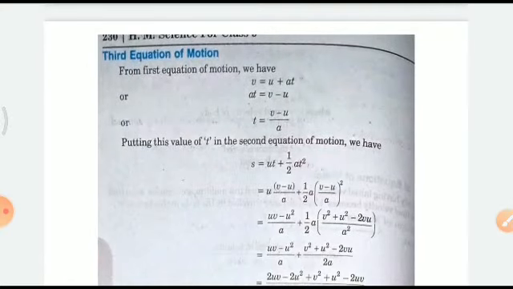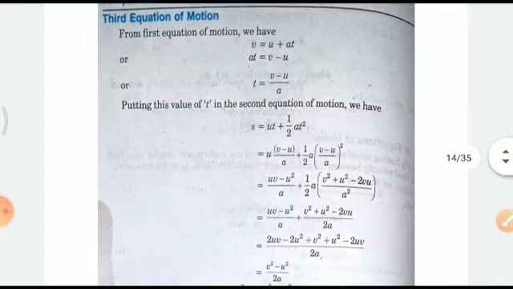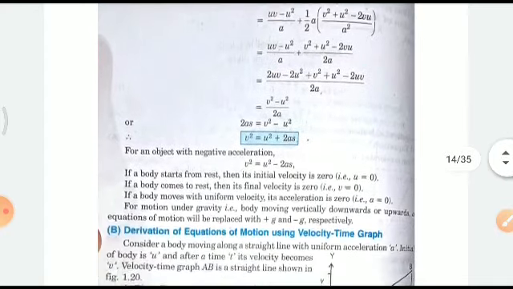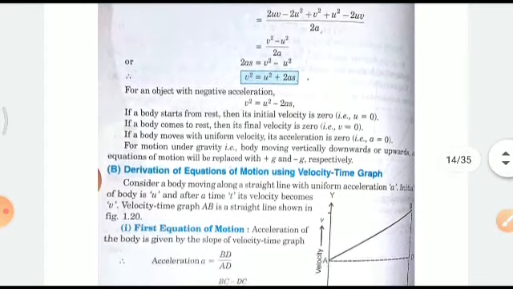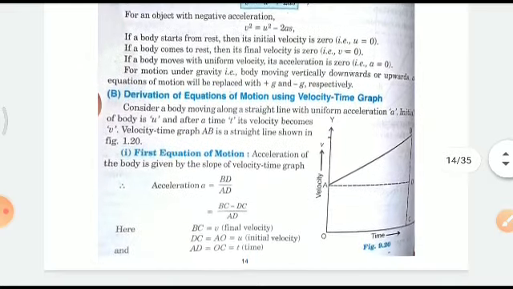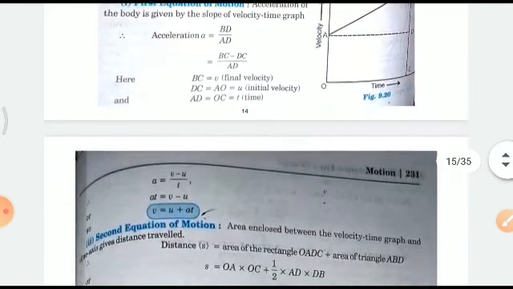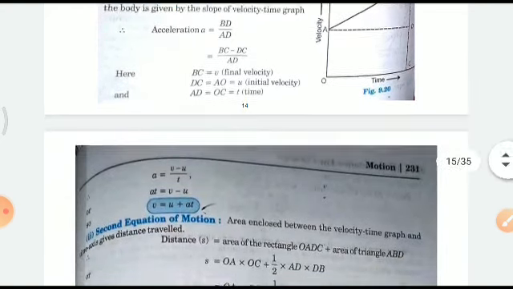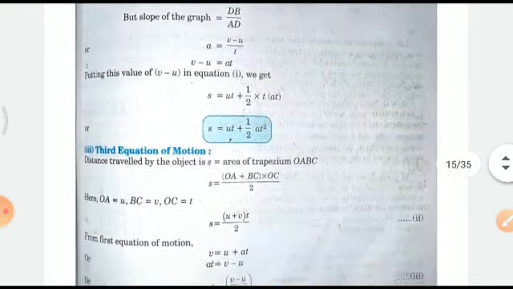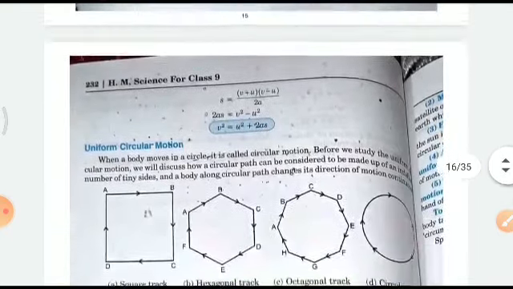And then the third equation of motion. You need to practice these derivations very well. Now from the velocity time graph, this derivation is there. Sometimes this also comes. For the first equation of motion, the process is almost the same, but its approach is slightly different. Now the second equation of motion from the graph, and now the third.